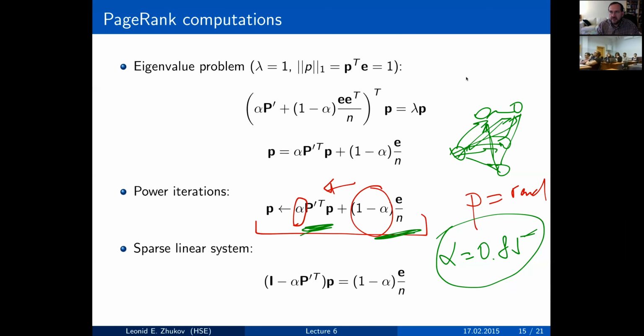That means that the system will converge very quickly. If we increase alpha, we're going to lose convergence. If we take alpha equal to 1, it means we're not using any virtual edges.